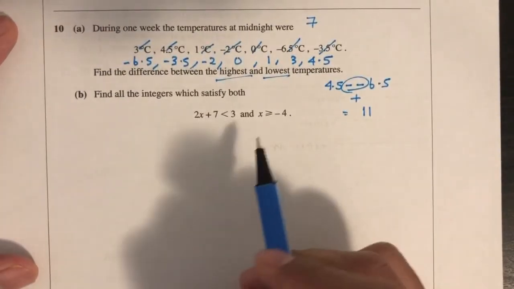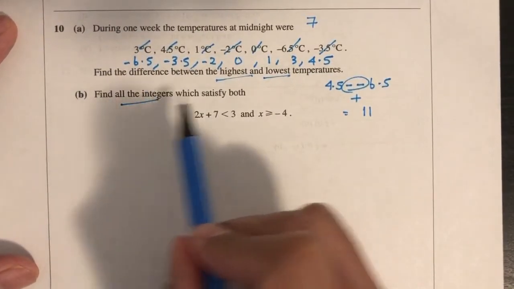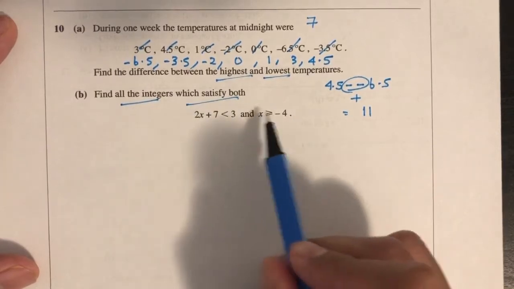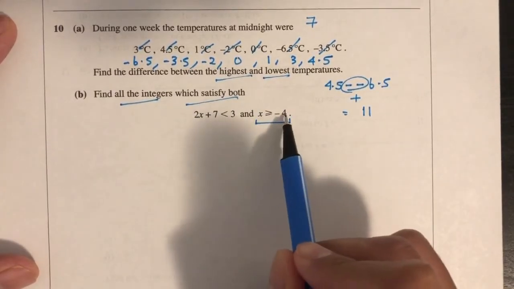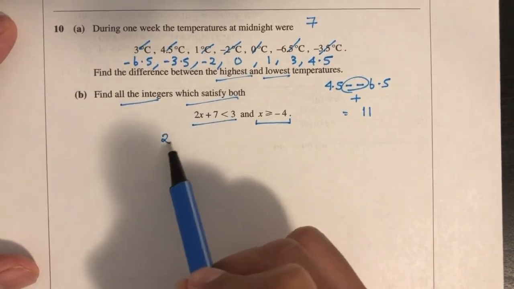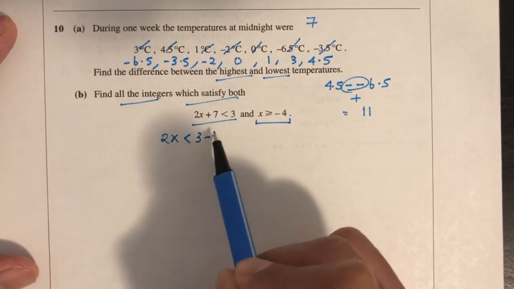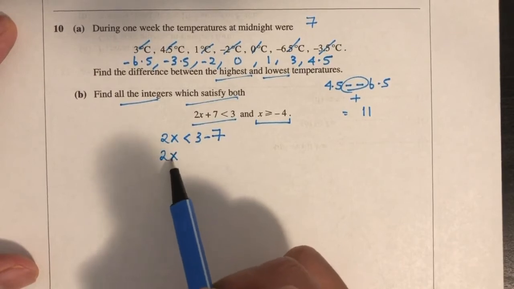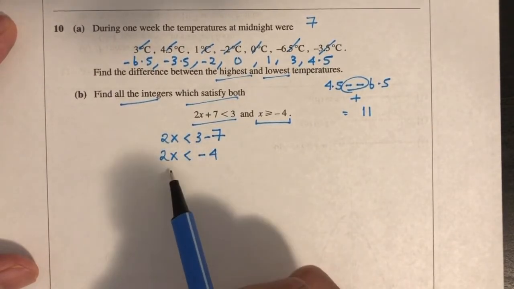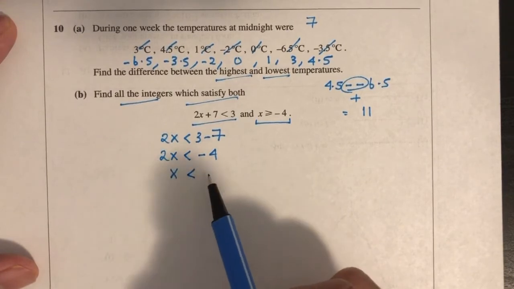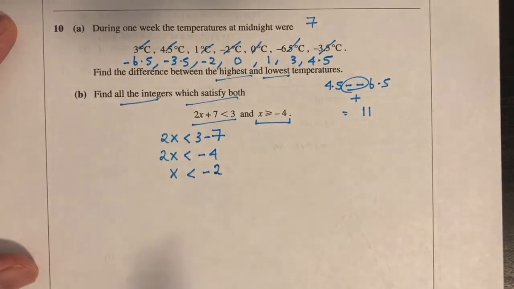Now this one, find all the integers that satisfy both these inequalities. So this one has been done for you. X is more than or equal to minus 4. Now this one, 2x is less than 3 minus 7. 3 minus 7 is minus 4. So x is less than minus 2.